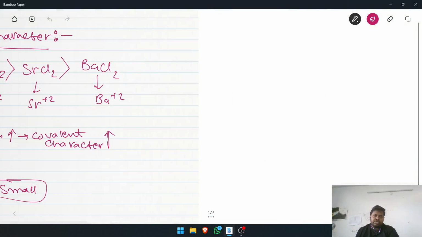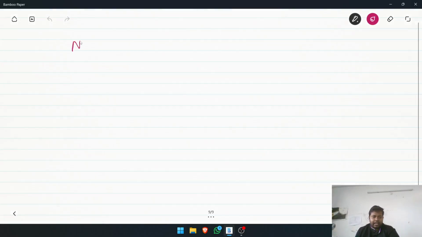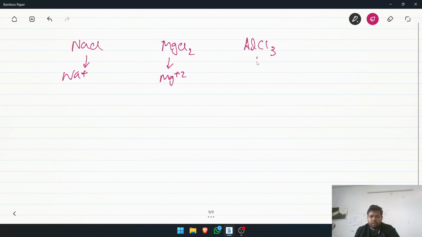And another question on covalent character, like sodium chloride, magnesium chloride and aluminum chloride, AlCl3. Now see, all the cations are different and the anions are the same, chlorine. So we don't have to think about the anion. It is Na plus, it is Mg plus 2 and it is aluminum plus 3.